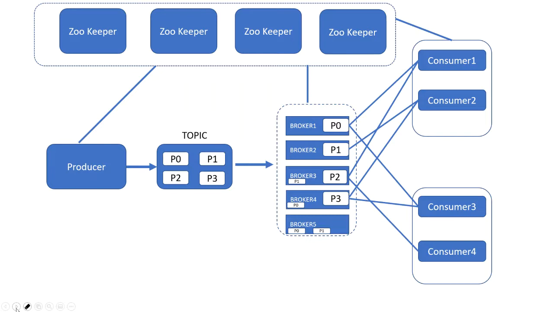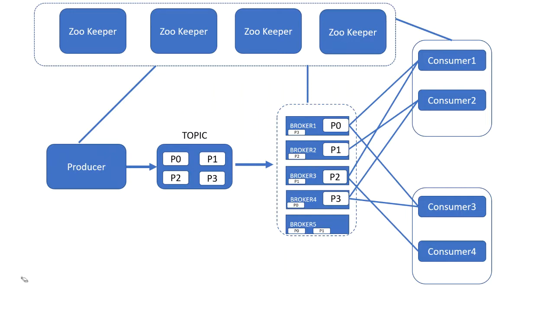And similarly, the replication of P2 is kept on broker 2, and the replication of P3 is kept on broker 1. So you keep on replicating that partition across the different brokers. That is one more thing which everyone needs to understand when you are trying to run Kafka.